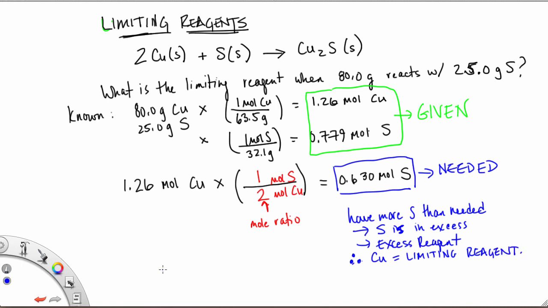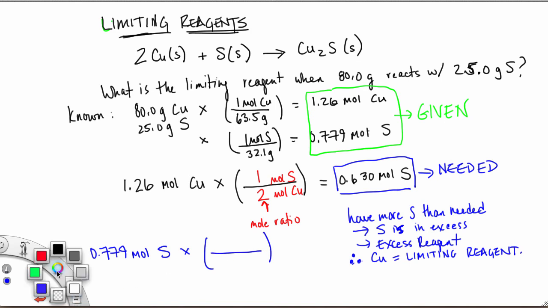Okay, I could prove that. I could do the same thing I did up here, but instead of starting with moles of copper, I could start with moles of sulfur and figure out how much copper I need to react. So if I have 0.779 moles of sulfur, how many moles of copper do I need to react with it?